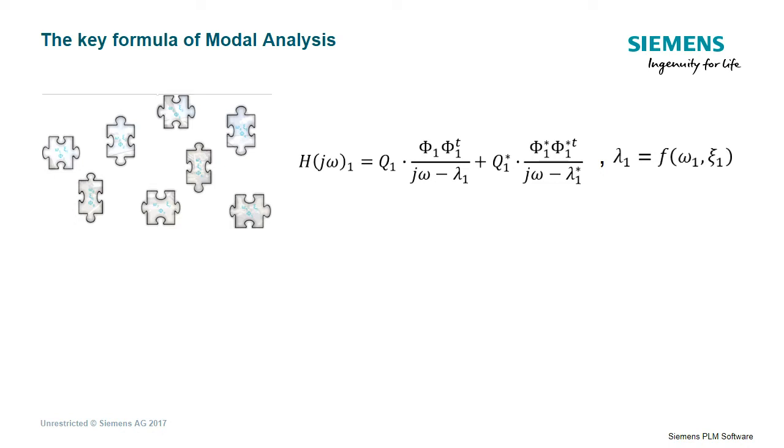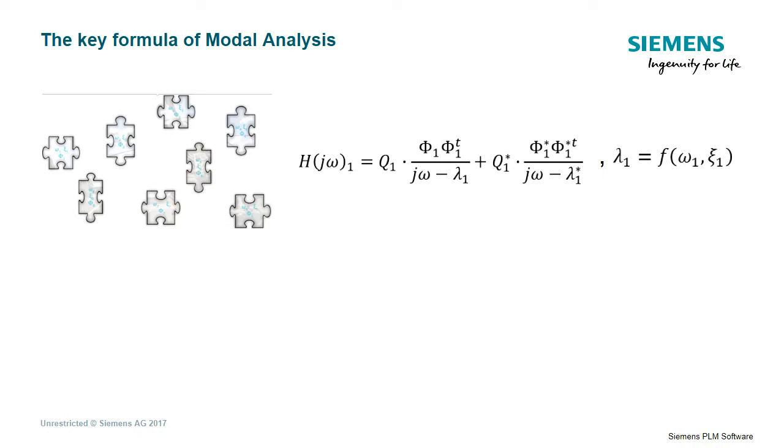The numerator is directly linked to the mode shape and the denominator to a system pole. This pole can be calculated directly from the natural frequency and the modal damping. As modal parameters are generally complex quantities, both complex conjugate terms need to be included. Q in the formula is a simple scale factor.